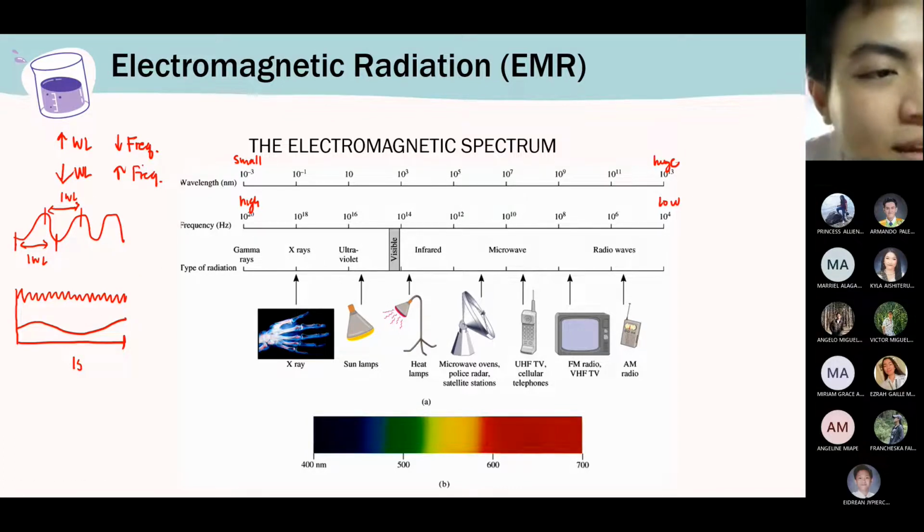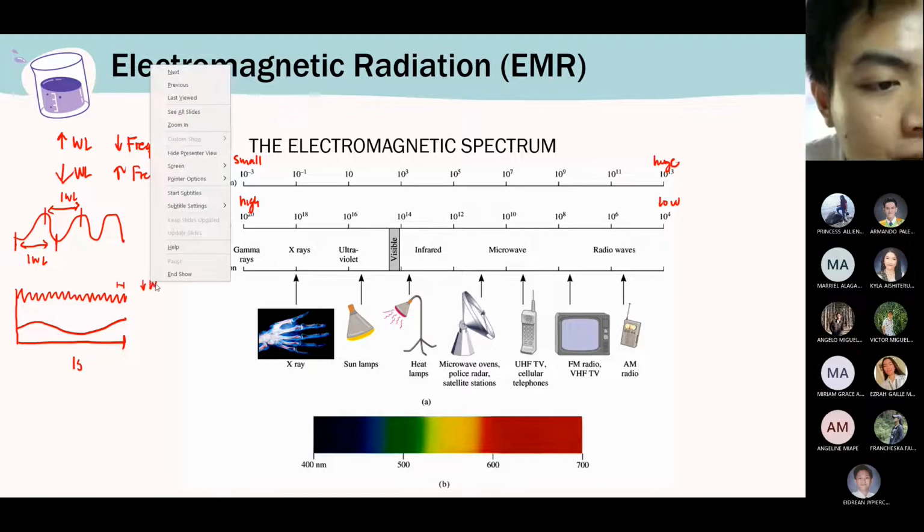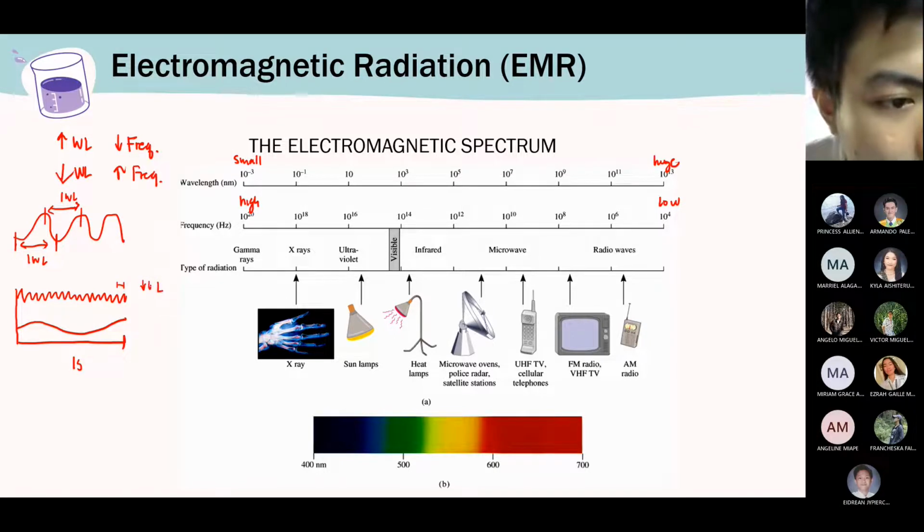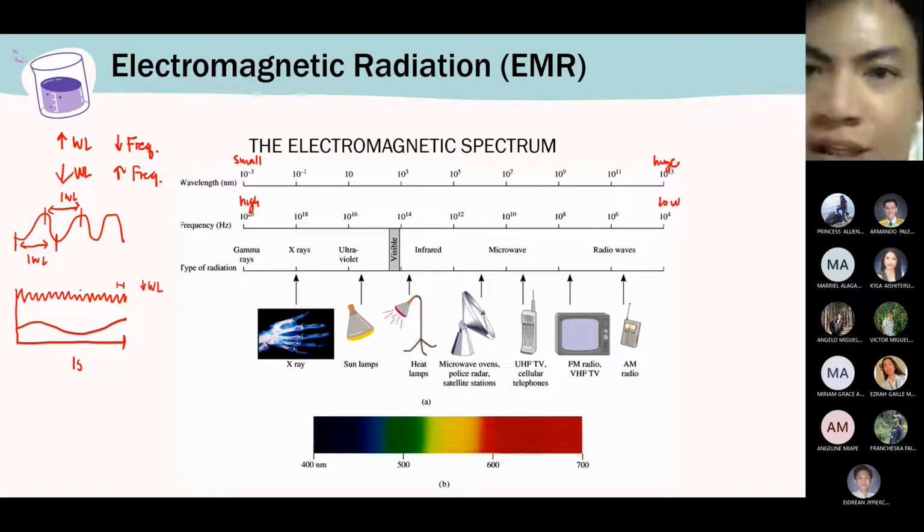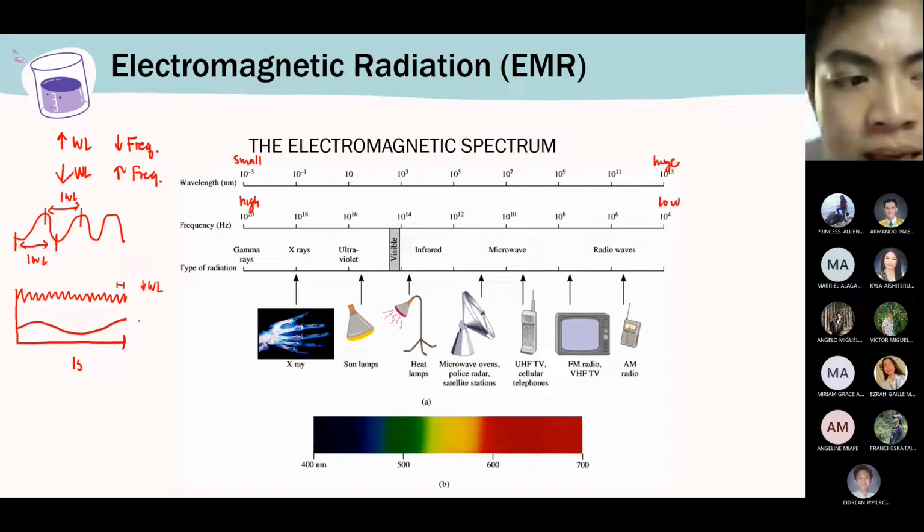Here we see the relationship between wavelength and frequency in a given time span. Here, as you can see, the distance between the waves is very small, so its wavelength is low. But when it comes to frequency, the number of cycles in a second, it's very many. It has many oscillations in a second.